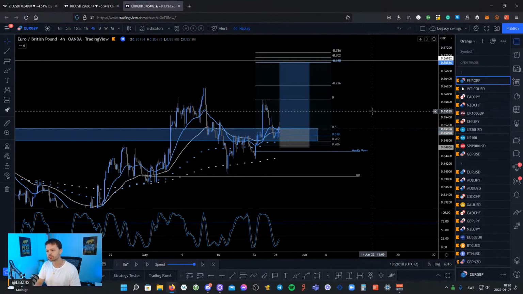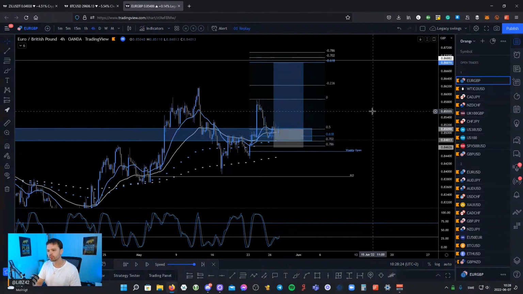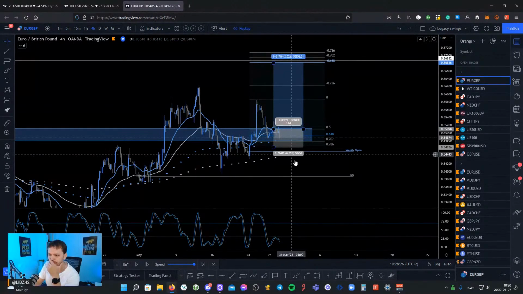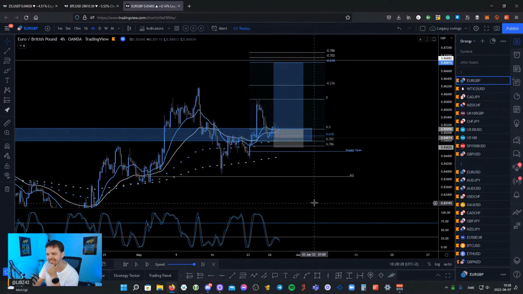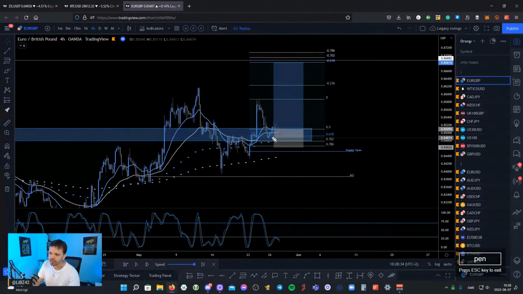And then this happens, right? Price starts moving lower, and I see this, and I tell myself, you know what? The idea of this trade was, this was the bottom.